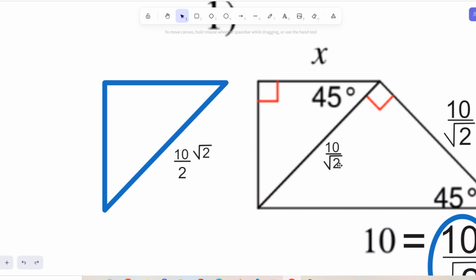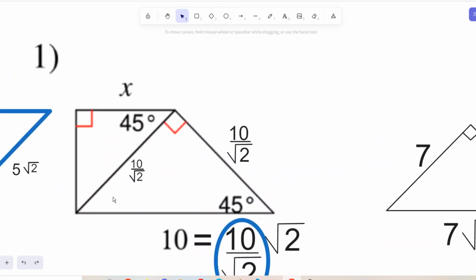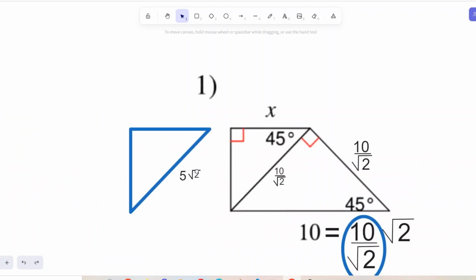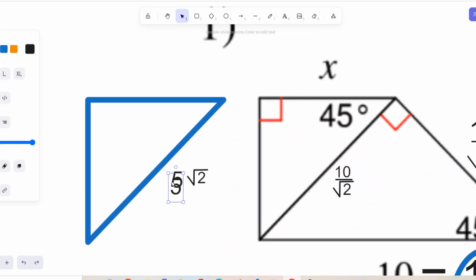We simplified this by getting the radical out of the denominator, multiplying by root 2 over root 2, so 10 root 2 over 2. 10 over 2 is 5, so this would be 5 root 2. Now we have 5 root 2, which is something times root 2 as the hypotenuse, which makes it nice and easy to find the legs. So the legs of this would just be 5 and 5.